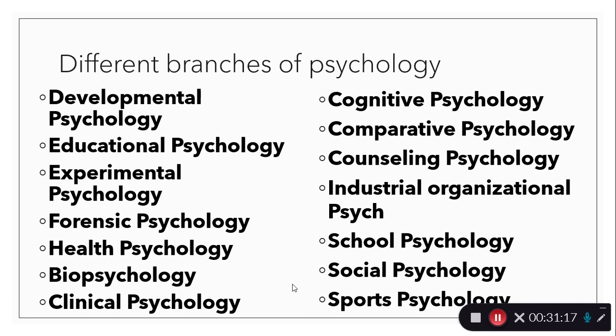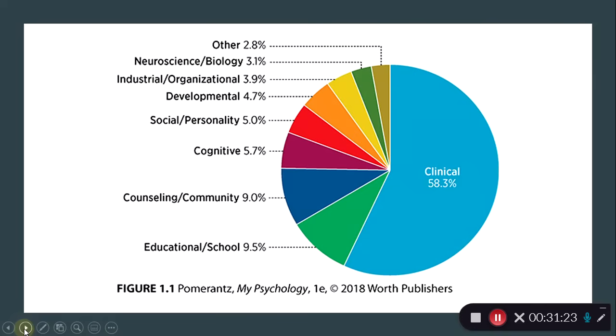But again, in the world of psych, most are in the clinical field, okay? And again, the clinical field and the counseling field are really the only ones that actually do provide therapy. The rest of these guys, this is all research.